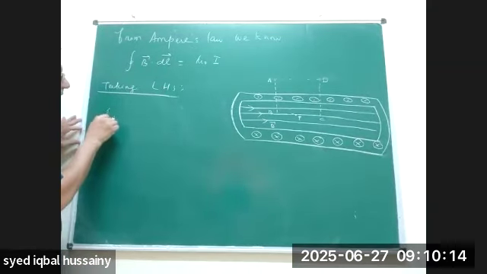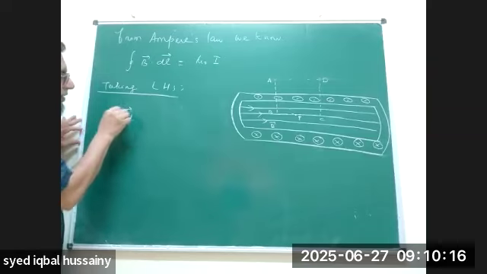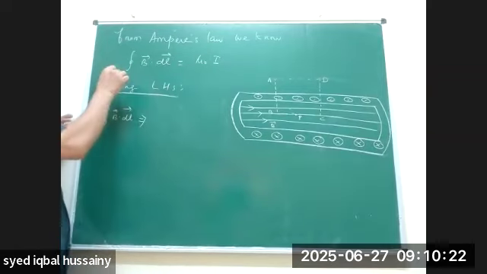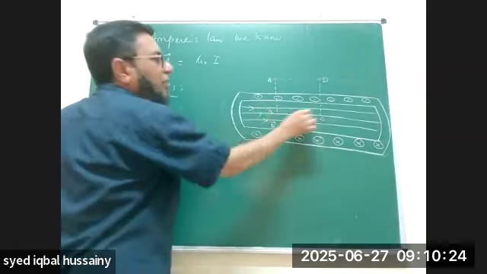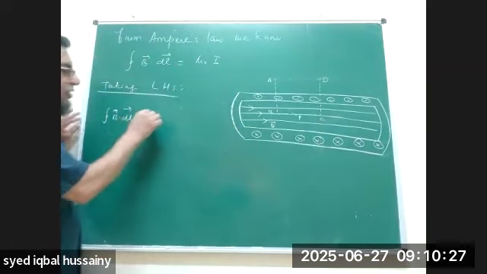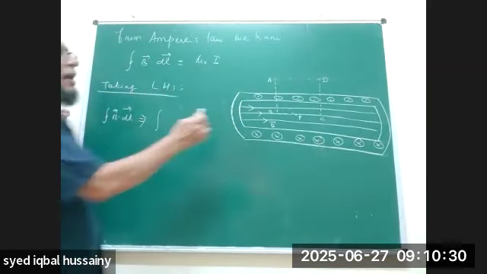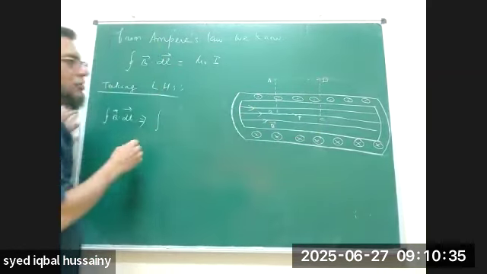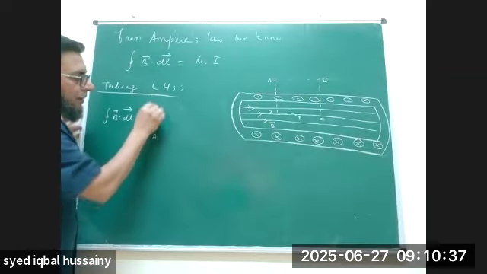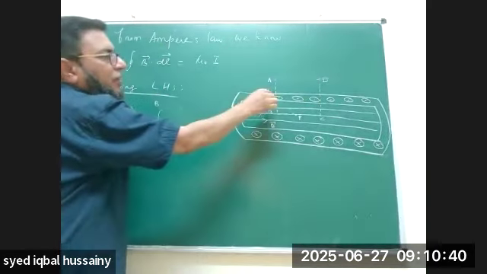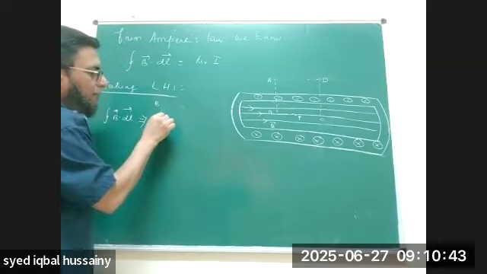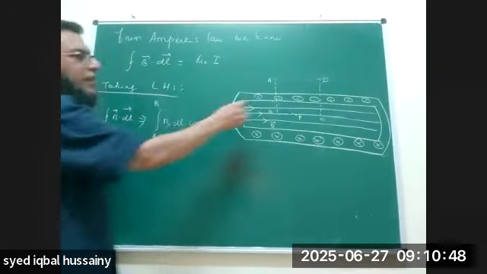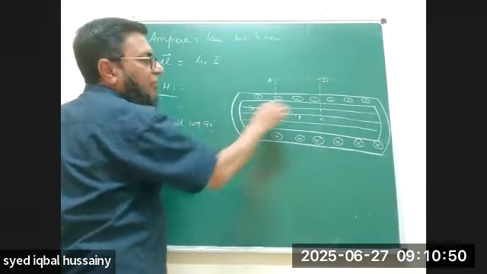So the closed line integral of B vector dot dl vector for applying to the loop. This complete circuit, we have to apply it. So first you put the integration from where to where: from A to B, B to C, C to D, D to A. A to B, B dl cos 90 degrees, because the dl we are taking from A to B is perpendicular, and the magnetic field will not change.